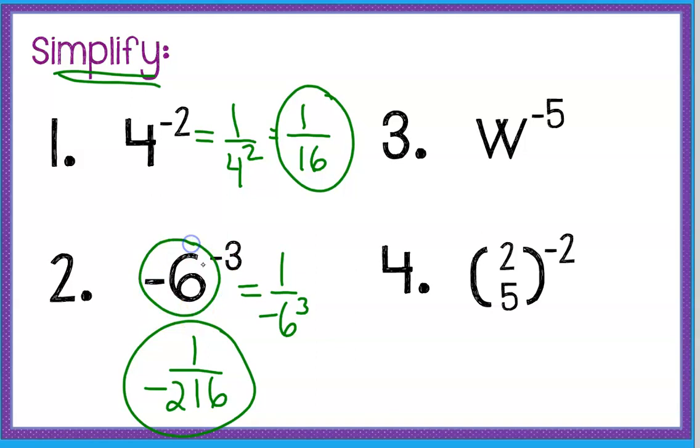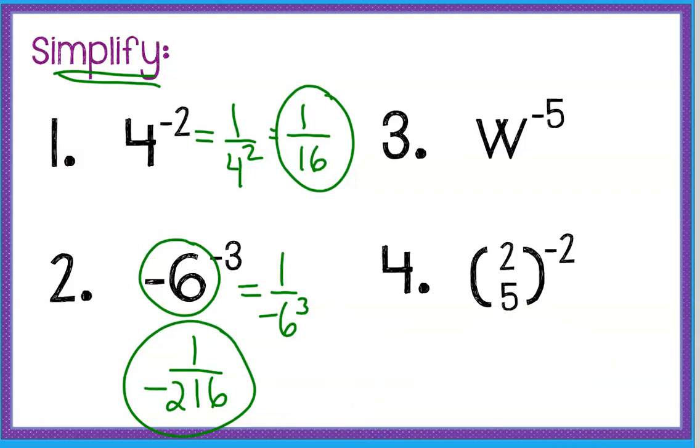Now be careful. That negative 6 to the 3rd power there, this negative sign is not included in the math. This is a negative sign, and then 6 is being raised to the 3rd power, not the whole expression.